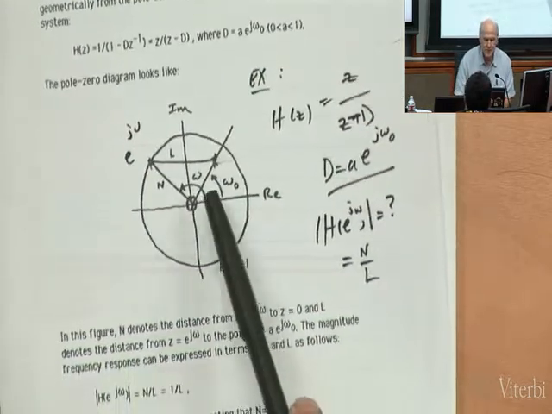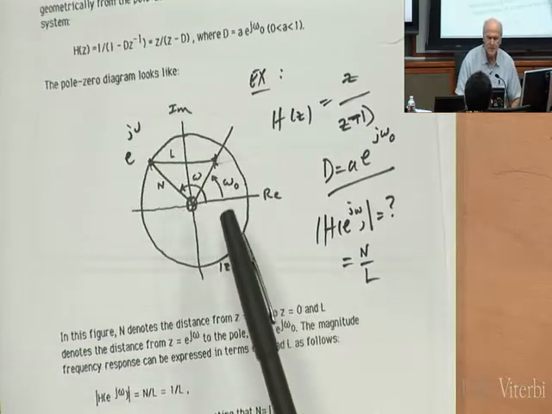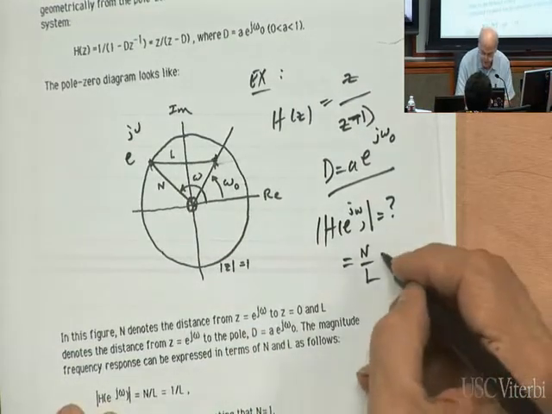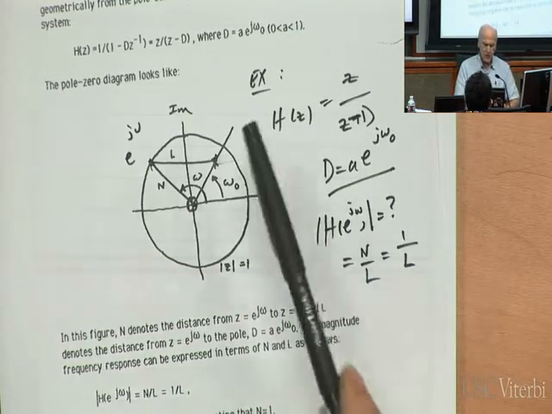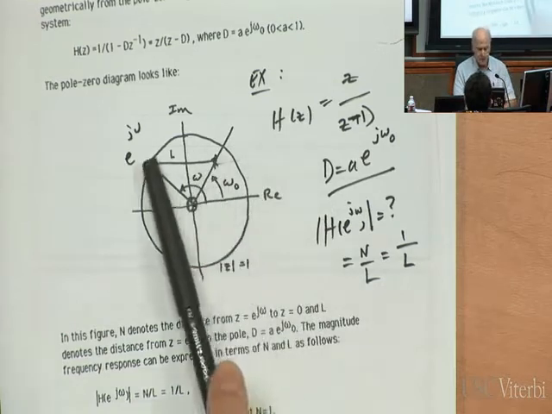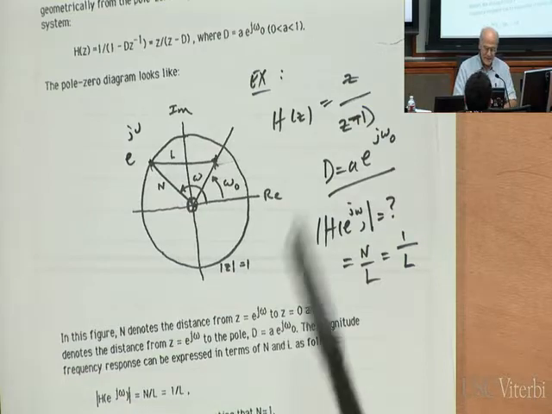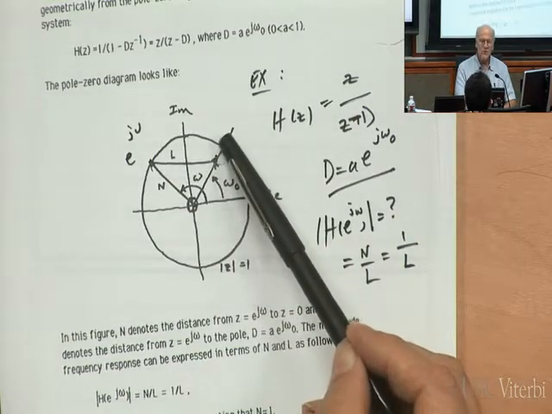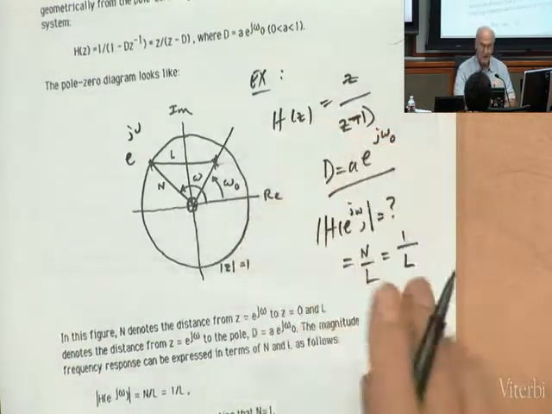For this particular example, no matter where omega is, the distance from the origin to any point on the unit circle is 1 by definition. So that's 1 over L. All you really have to do is graphically figure out what this chord is as you go around the unit circle. As omega approaches omega naught, this chord is just from here to there. That's its shortest point.